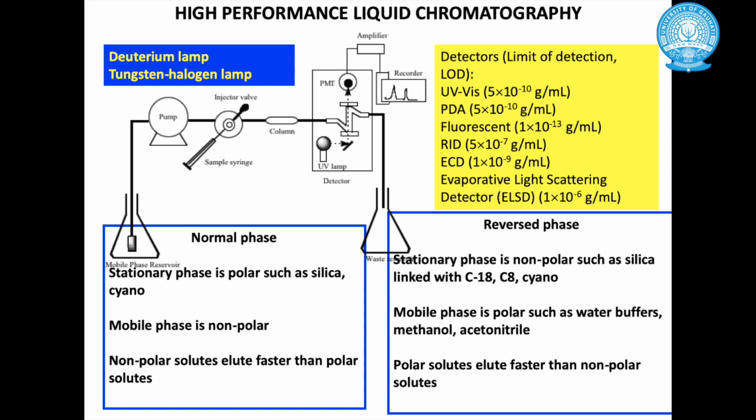In a UV visible spectrophotometer, we get a collective signal, but in the case of high performance liquid chromatography or HPLC, we will get peaks of individual compounds, because the compounds have been separated in the column.